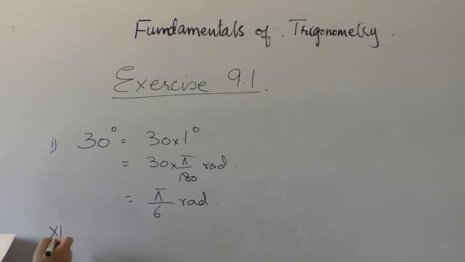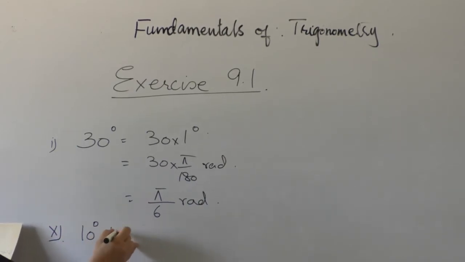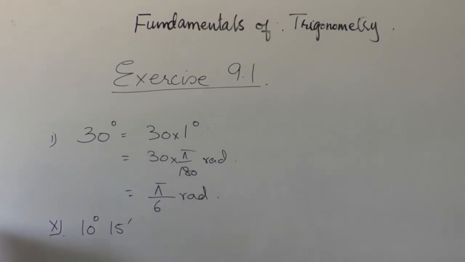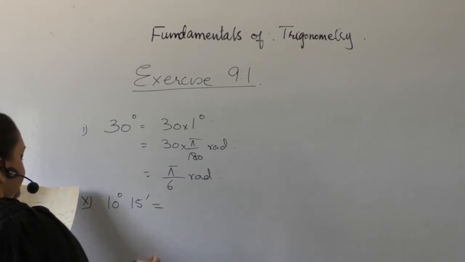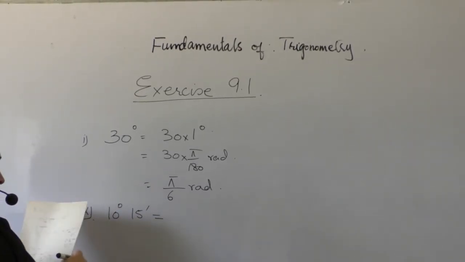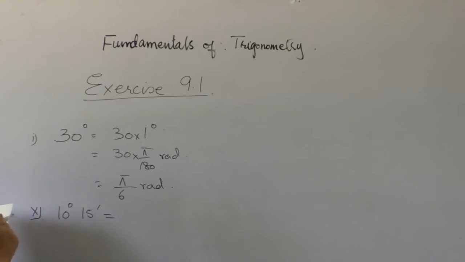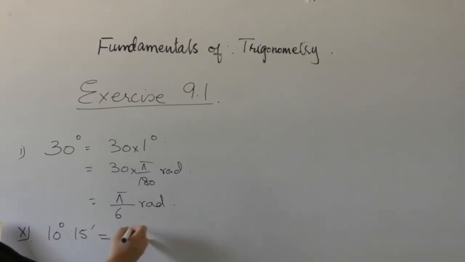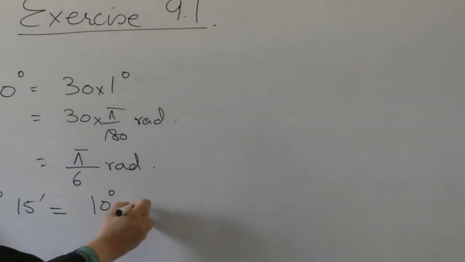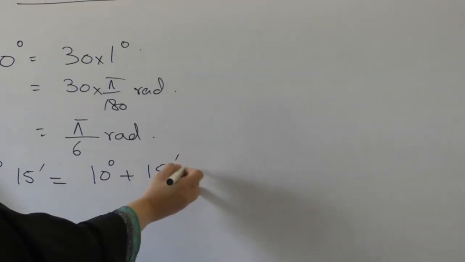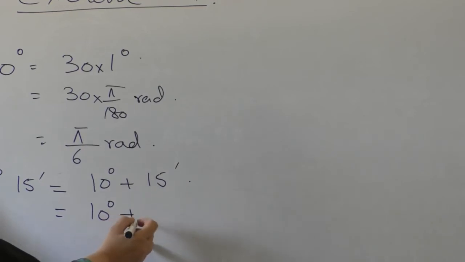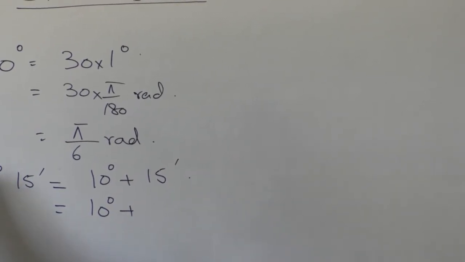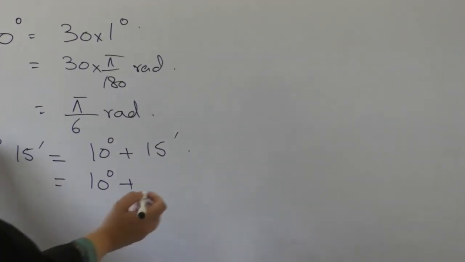Another question, question number 10, in which there are degree and minutes, both of them are involved. So what will we do? We convert these minutes first into a degree, and then we will solve the whole question into radian. It is 10 degree plus 15 minutes. We know very well that 1 minute is equal to 1 by 60 degree.